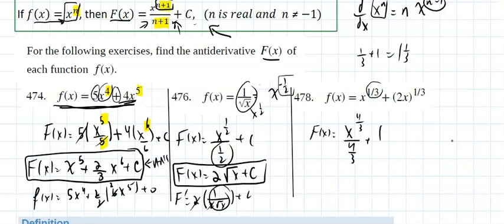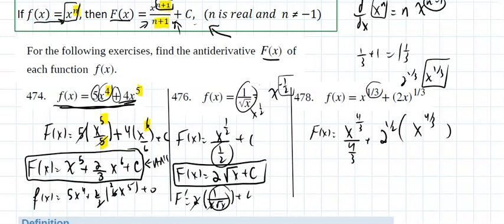Plus, now here we have 2x. We'd say 2 is not part of this. That's 2 to the 1/3, x to the 1/3. The rule only applies on variables. So add 1 to the power, 1/3 plus 1 is 4/3, divided by 4/3 plus c.